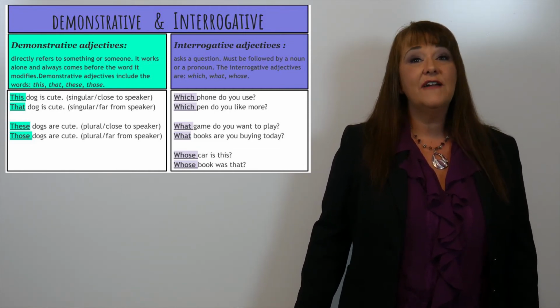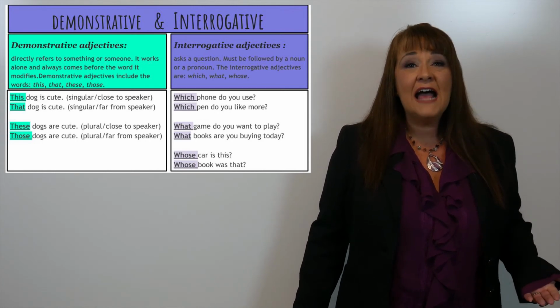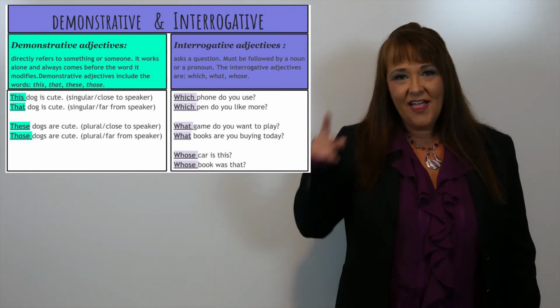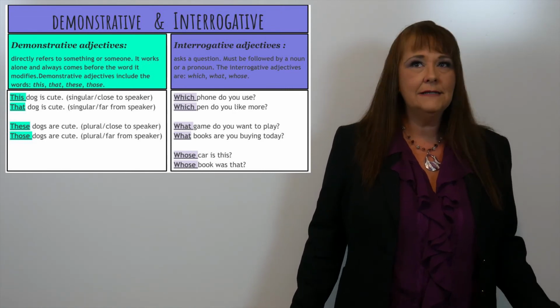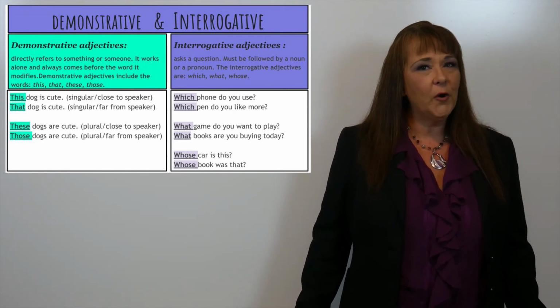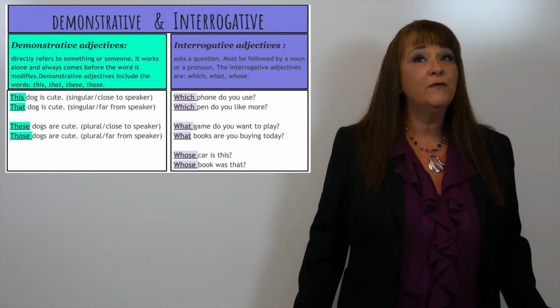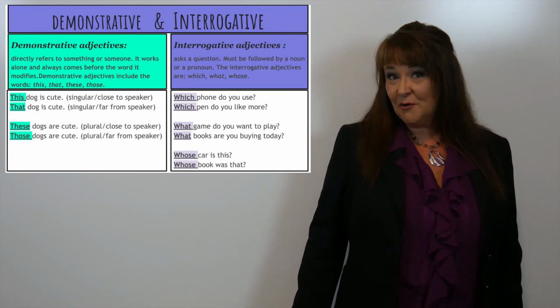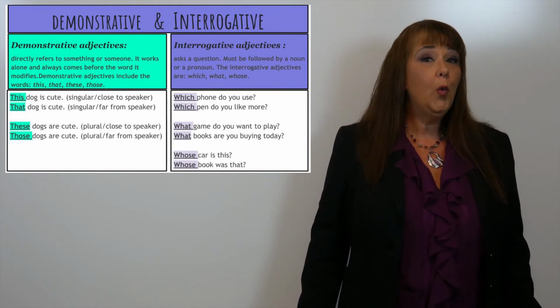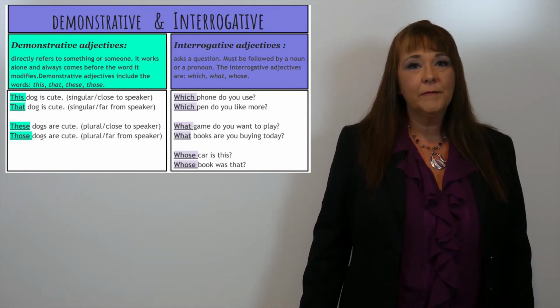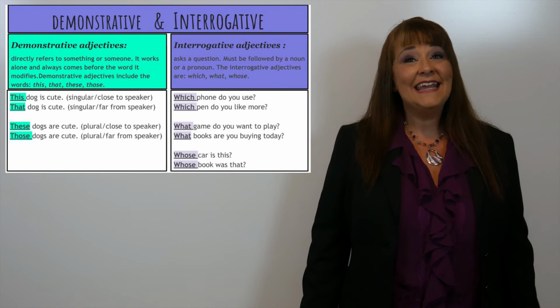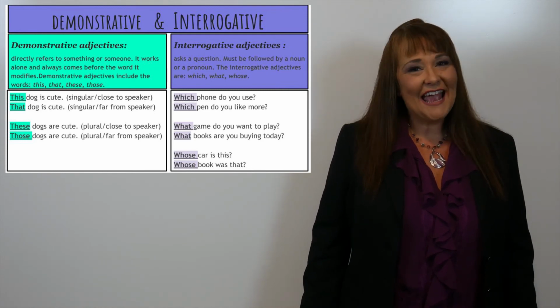These types of adjectives ask questions. That makes it easier to identify because it is a question. For example, which phone do you use? Which pen do you like more? What game do you want to play?